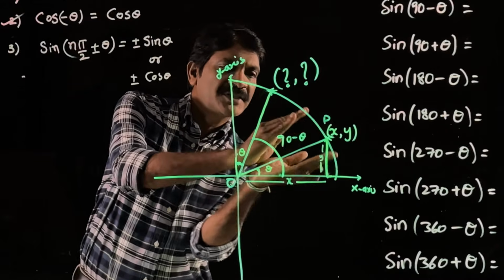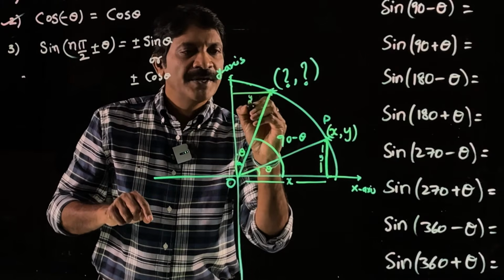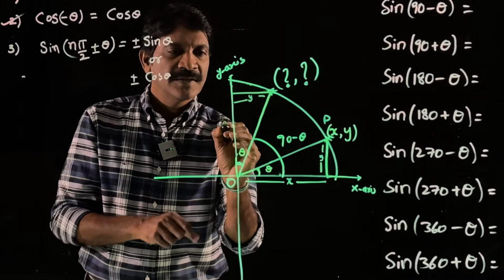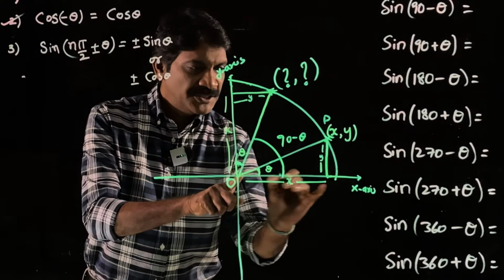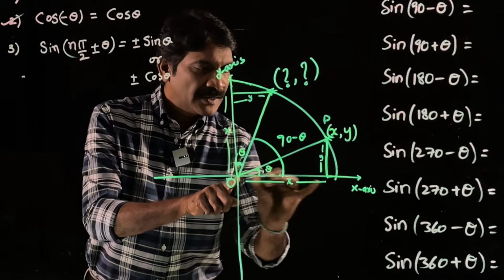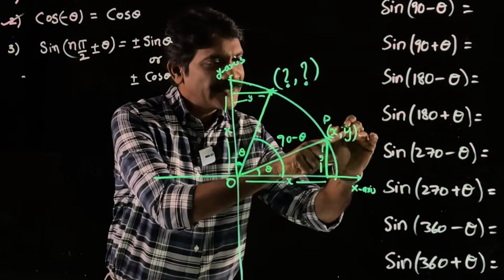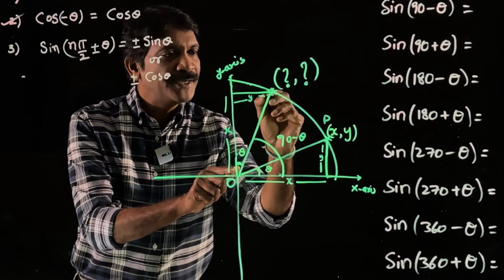If I rotate this like this, y will come here, this is y, and this x is nothing but this is x. I wrote x here and height y in the second place. So for this angle theta, its corresponding point is here.